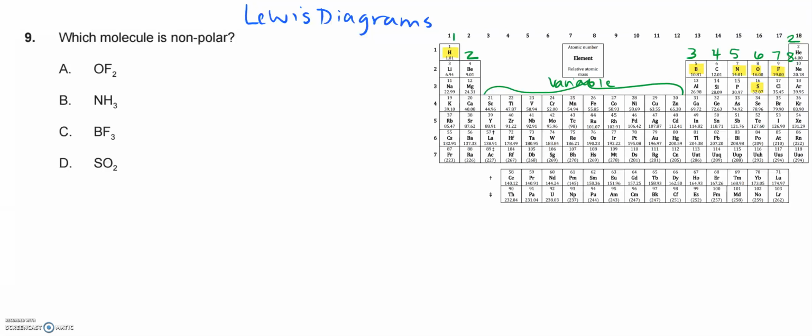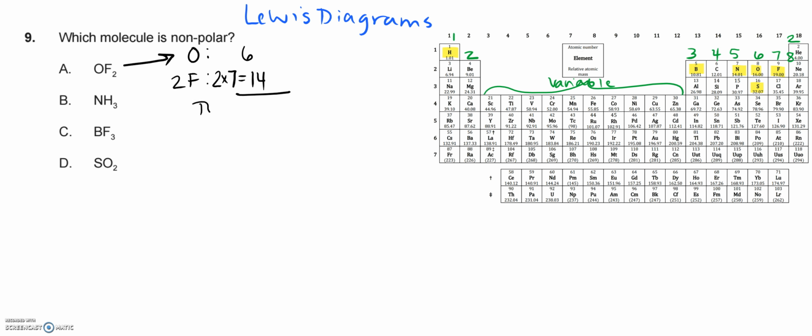So we'll take OF2 first. We have 1 oxygen and 2 fluorines. The oxygen has just 6 valence electrons. 2 times 7, because fluorine is in the 7th column, is a total of 14.